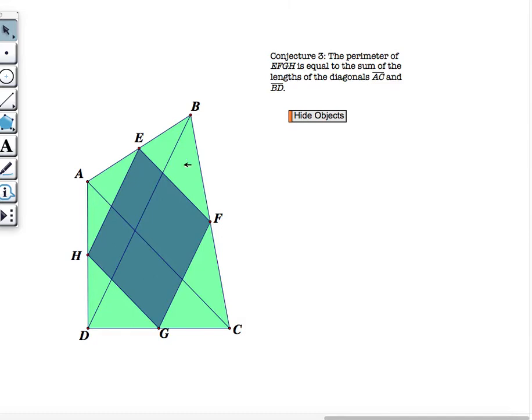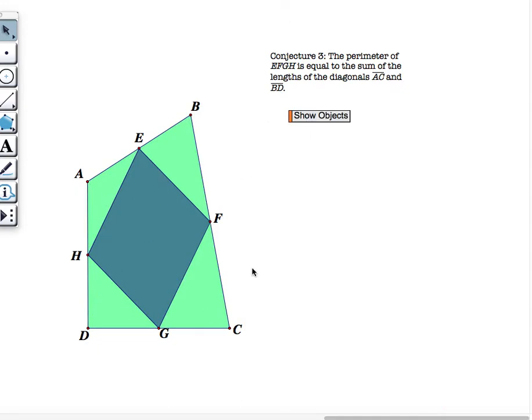And going around the quadrilateral and all these triangles here, here, and here, we can see that EF is 1/2 of AC, GH is 1/2 of AC, FG is 1/2 of BD, and EH is 1/2 of BD. So the perimeter, all 4 of these sides added together, is going to equal the sum of the lengths of AC and BD.